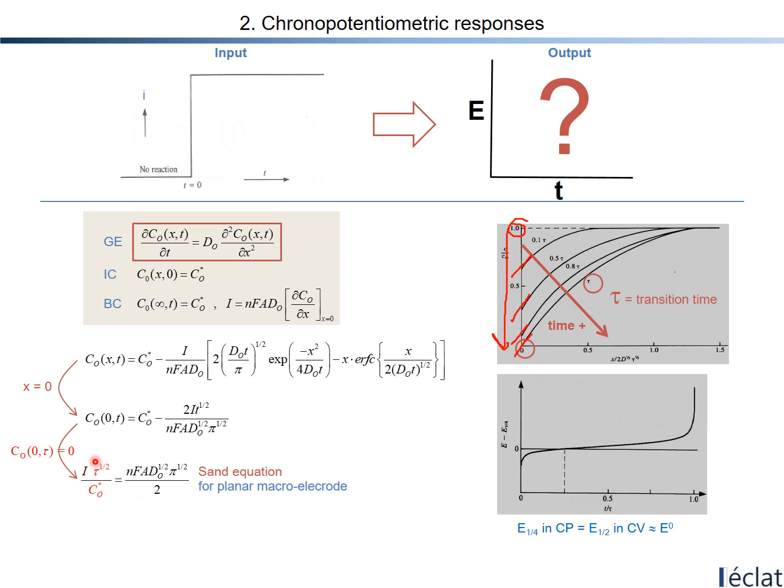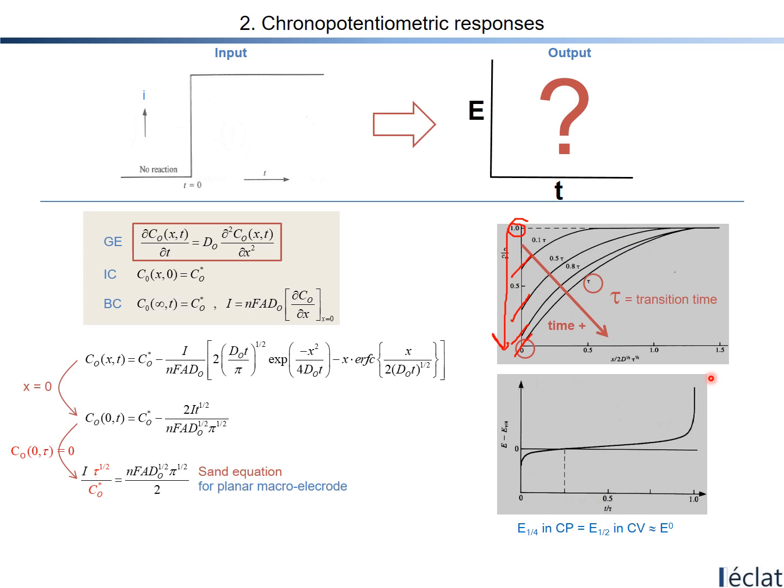Anyway, here is the current as well. So I mean the current is inversely proportional to the square root of the time scale. That is the Sand equation, which was obtained for the planar macro scale electrode. And the shape of the potential profile looks like that.